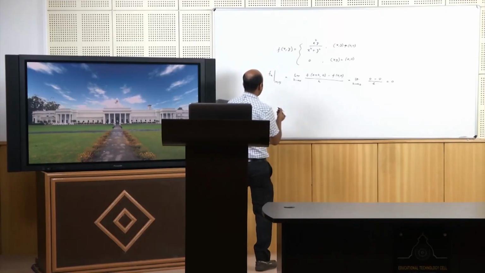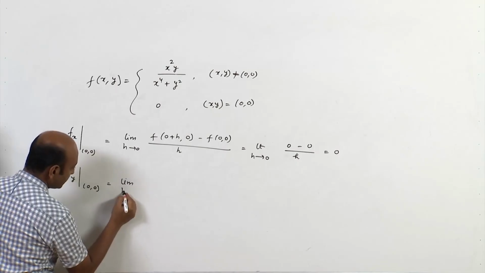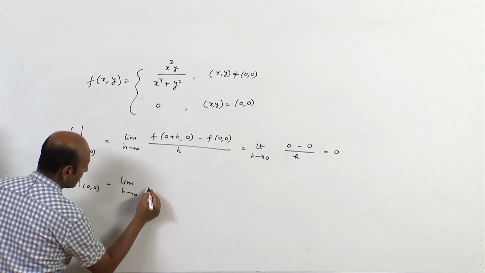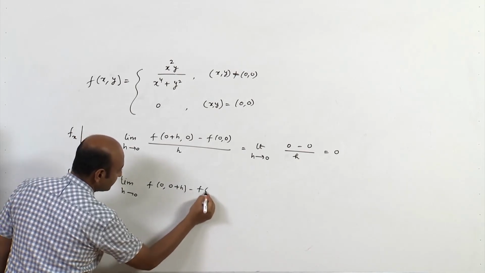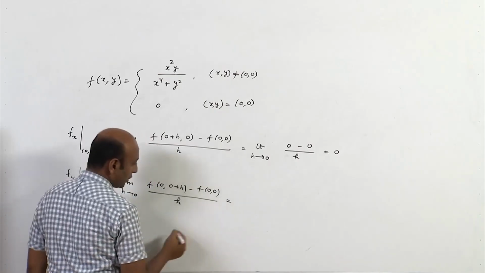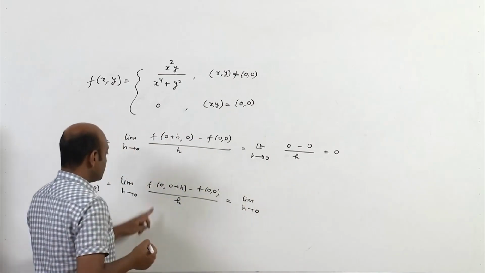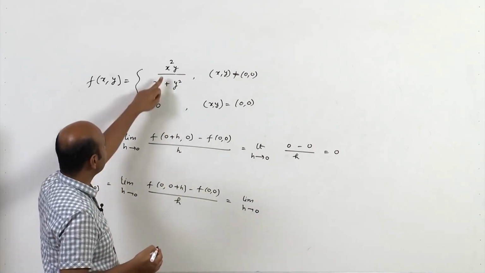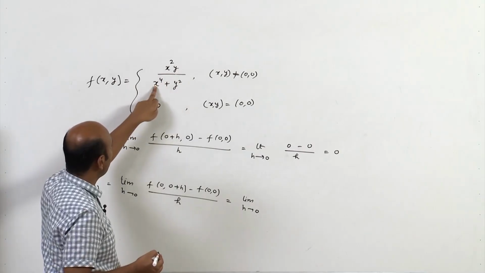Now, again when you compute f y at (0, 0), it is limit h tending to 0 of f of (0, 0 plus h) minus f(0, 0) upon h, which is again equal to limit h tending to 0. It is (0, h), you replace x by 0, y by h.